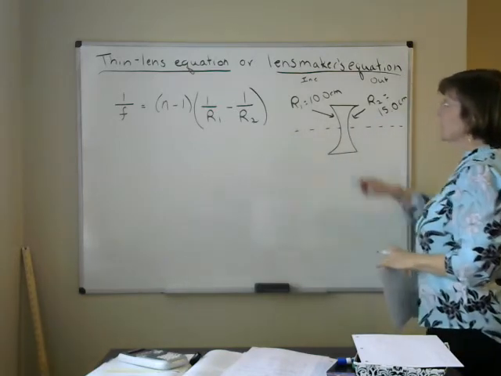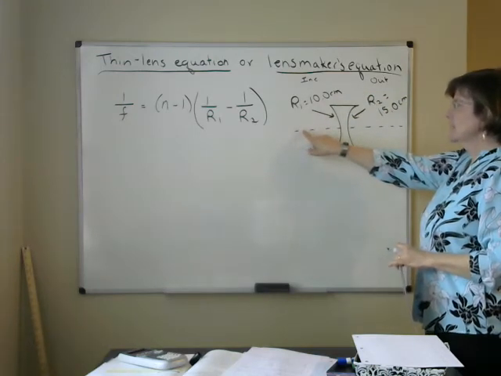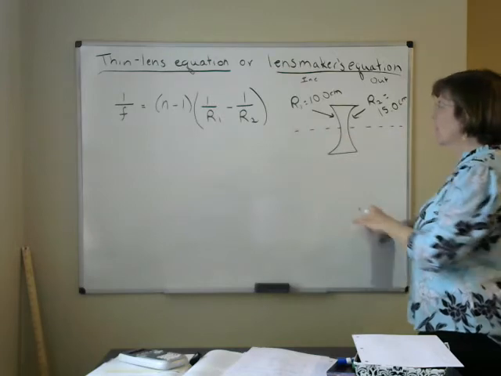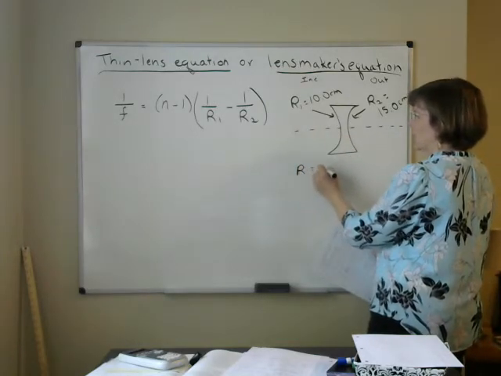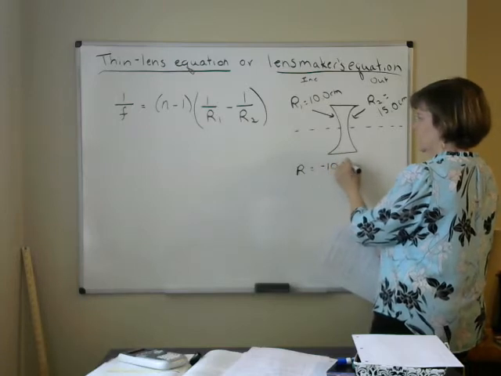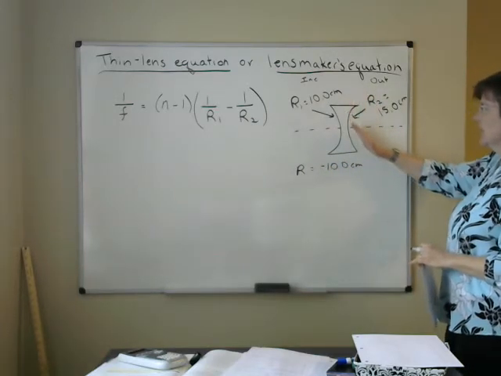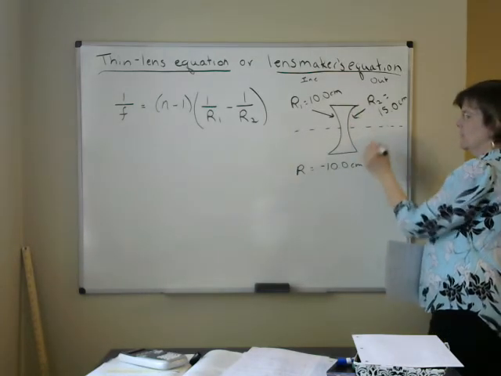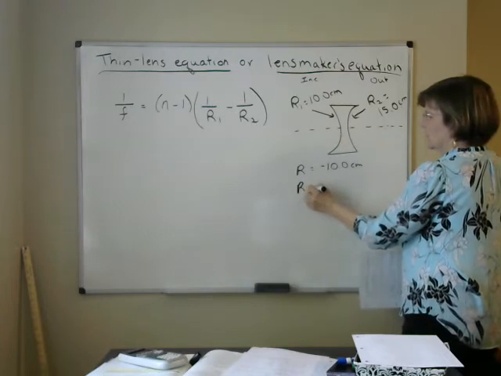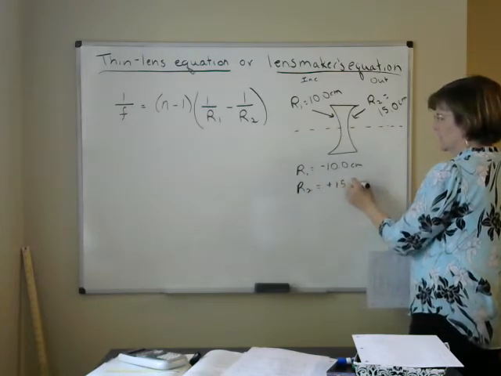The center of curvature for R1 would be over on this side. Well, that's incoming light, so I know that R1 is going to be negative. So for this problem, when I plug it in, R1 is going to be negative 10 centimeters. But the center of curvature on this side would be over here. Picture the circle. It has a center over here somewhere. So R2 would be positive 15 centimeters.